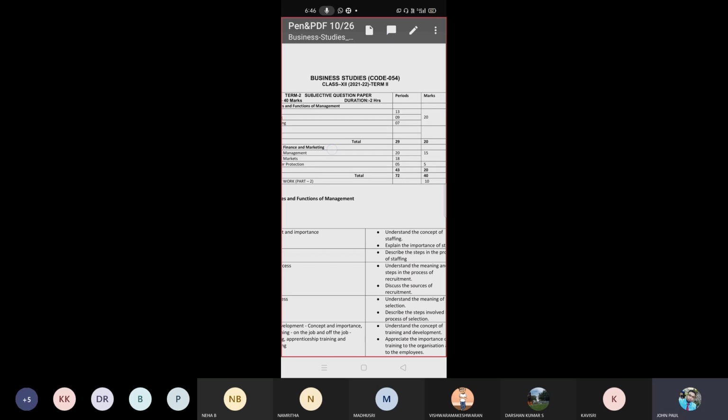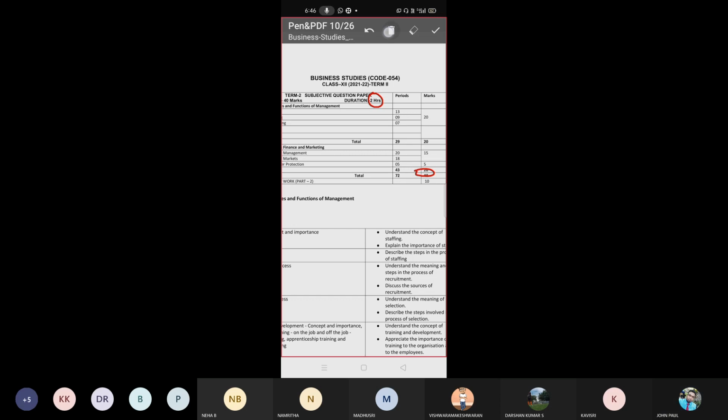Again here, you people will be writing subjective question papers, for 2 hours. So term one is for 90 minutes, that is 1 hour 30 minutes, and term two is for 2 hours, which consists of the same 40 marks.